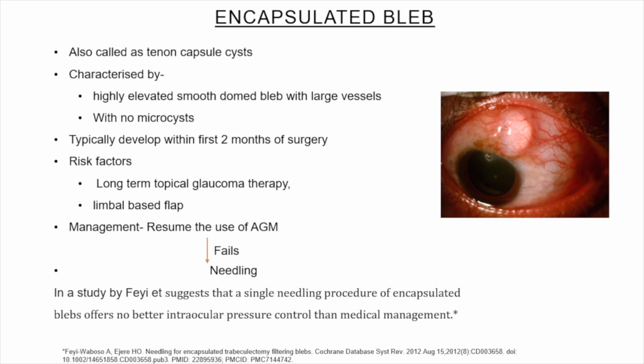Then? Then we make sure with our 30G needle we go subconjunctivally itself, not disrupting the tenons basically, and it is away from the BLEB site when we're giving.